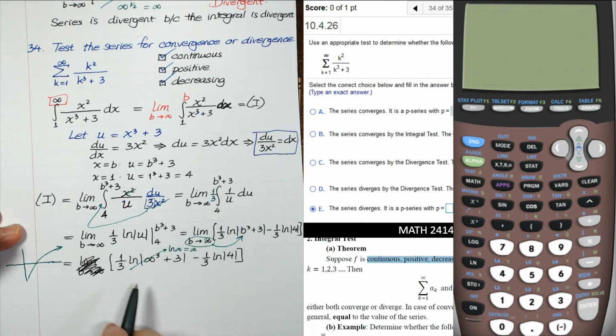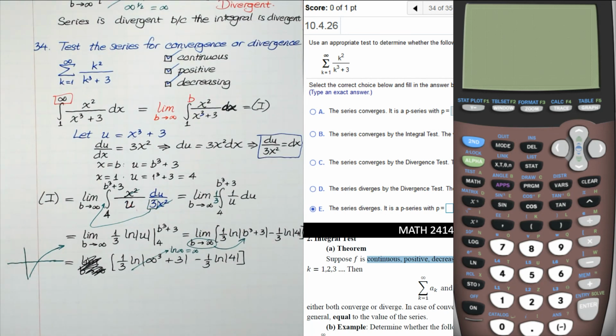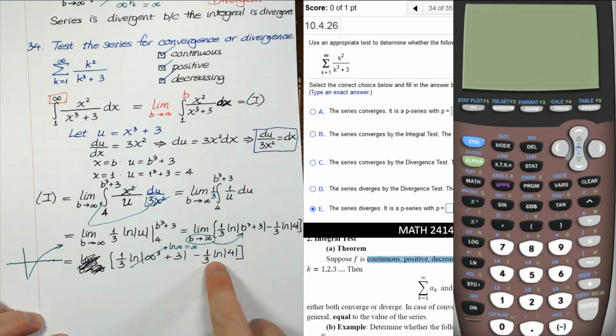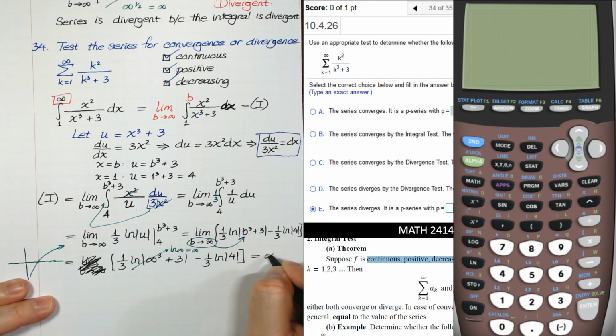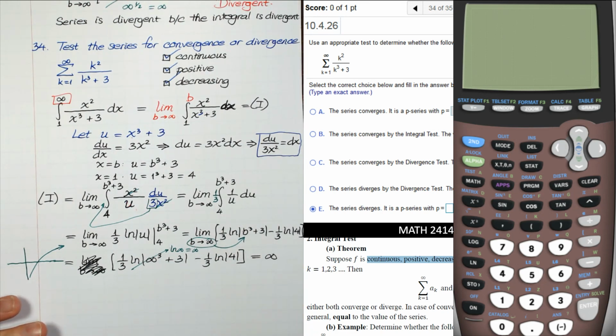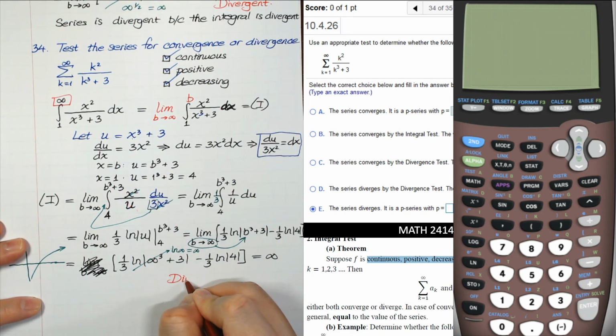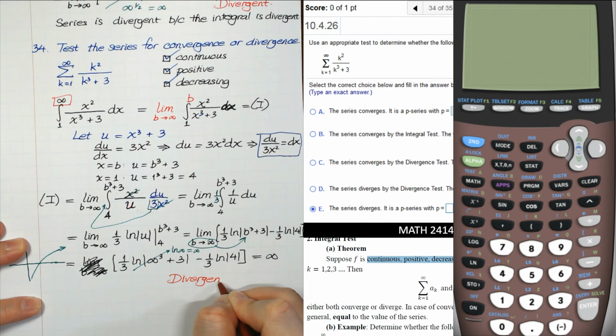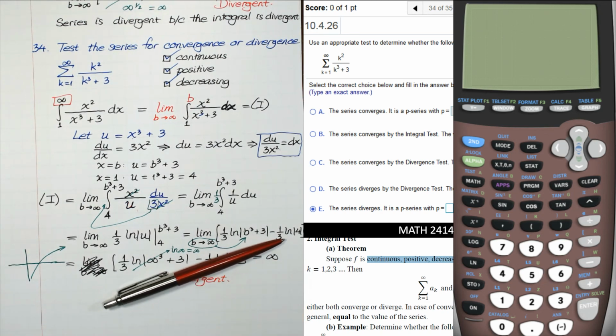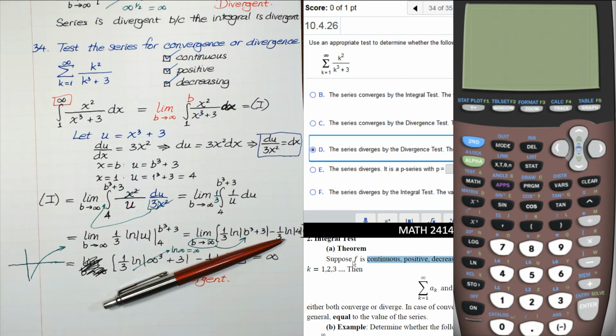So when x goes to infinity, ln of x goes to infinity. So we have infinity minus that number, which is infinity. So if this is divergent, the series is also divergent.